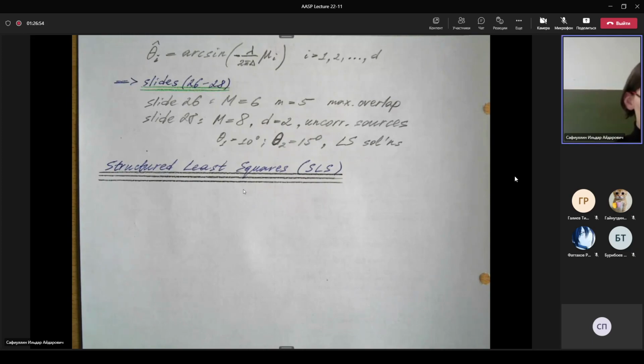So let me check. Just one moment. So yeah, we take into account some specific connection between overlapping subarrays. And now let's see how we can do this.